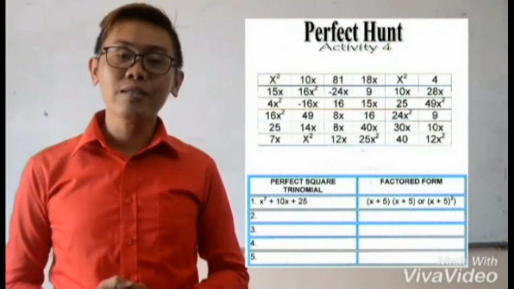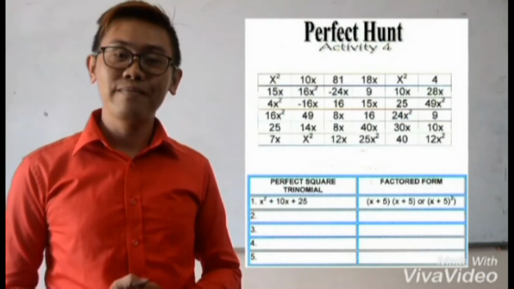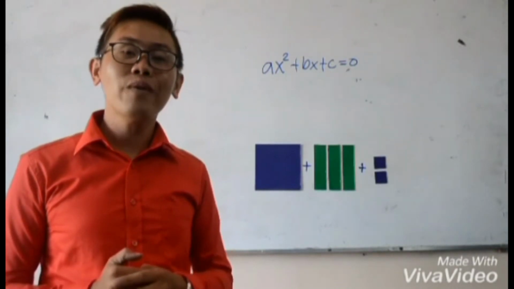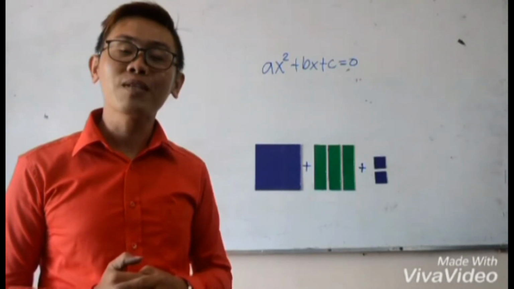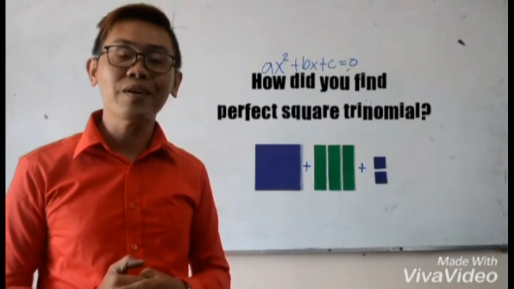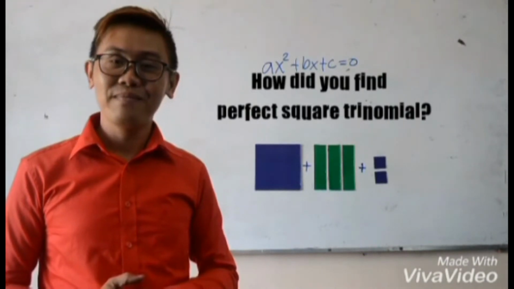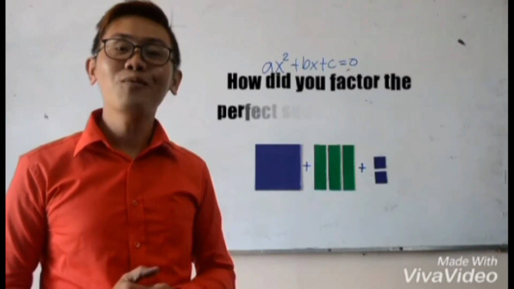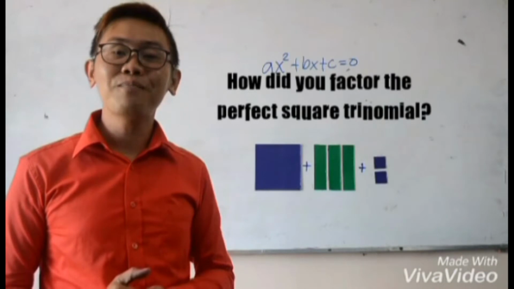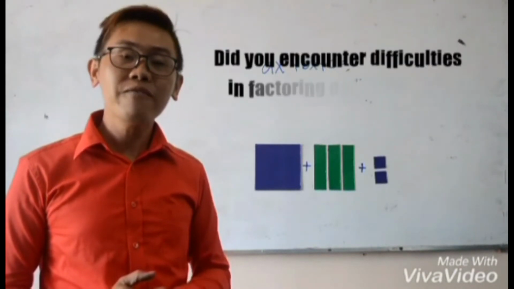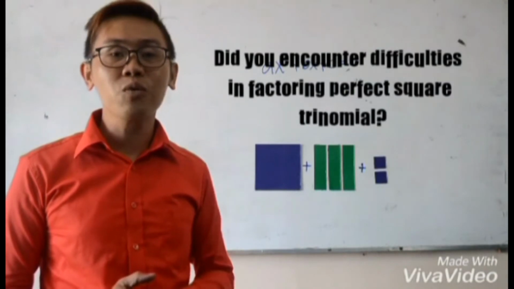An example is already given. So you have already your answer. Now my question is, how did you find perfect square trinomials? And how did you factor the given perfect square trinomials? Do you find any difficulties in factoring perfect square trinomials?